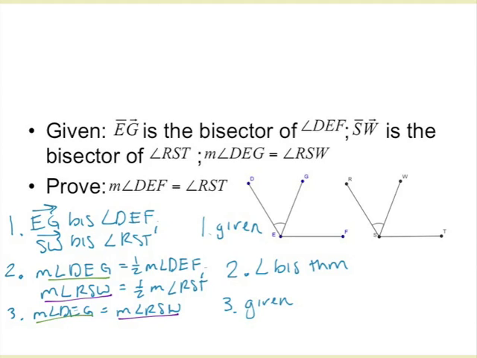So what we can do is say these two things over here must actually be equal to each other as well. So everything in steps 2 and 3 are all equal to each other. So I'm going to say 1/2 the measure of angle DEF is equal to 1/2 the measure of angle RST. And that's a substitution.